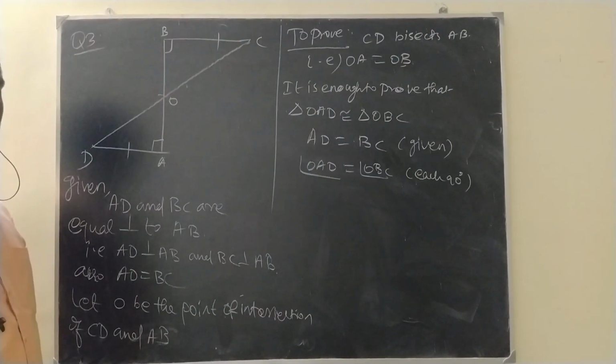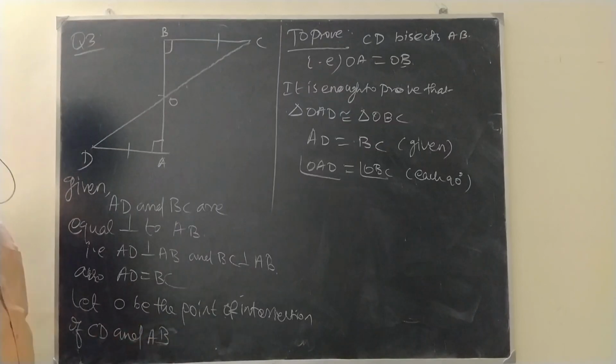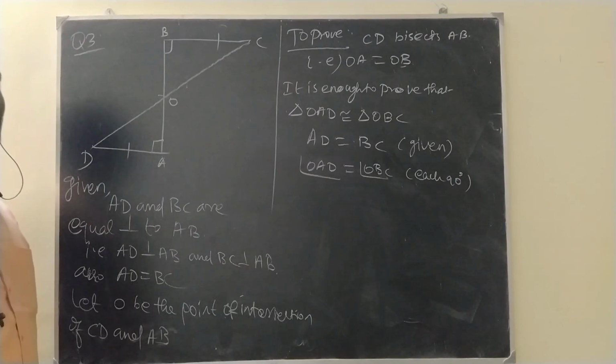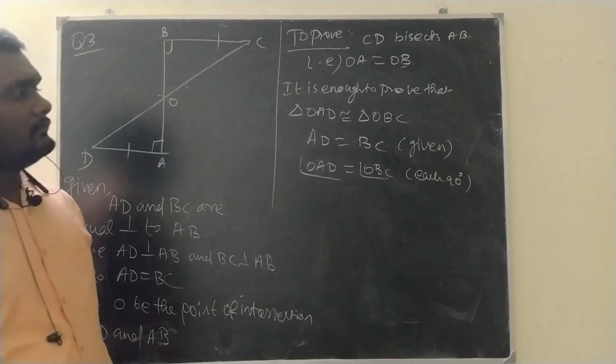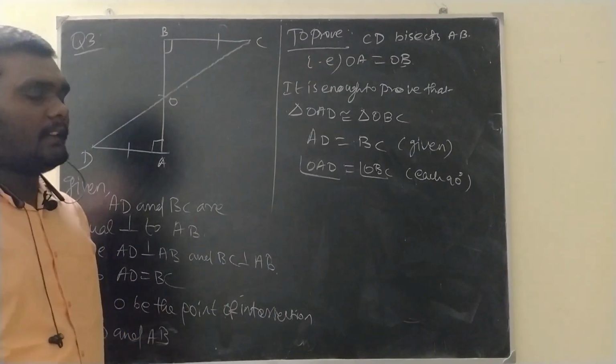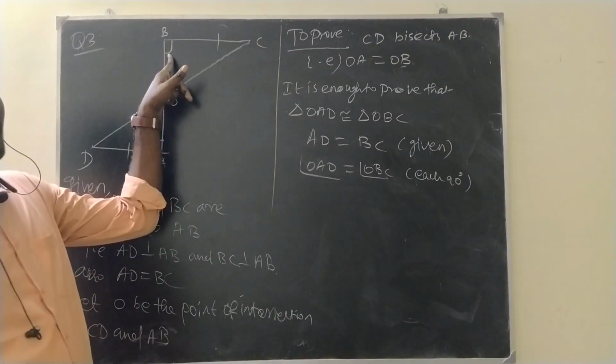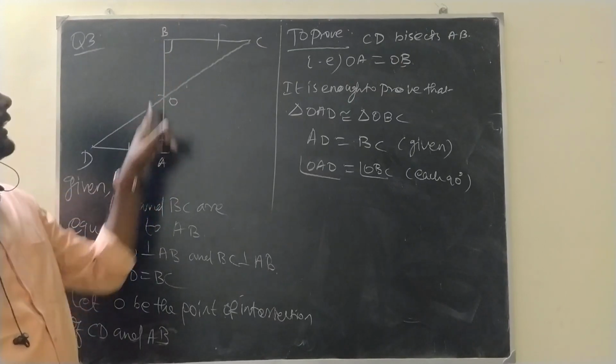No, it is not mentioned in the question that BC and AD are parallel. If it is mentioned, we can use it, or else we have to prove it. For that, extra steps have to be written. See, these are alternate interior angles, right?